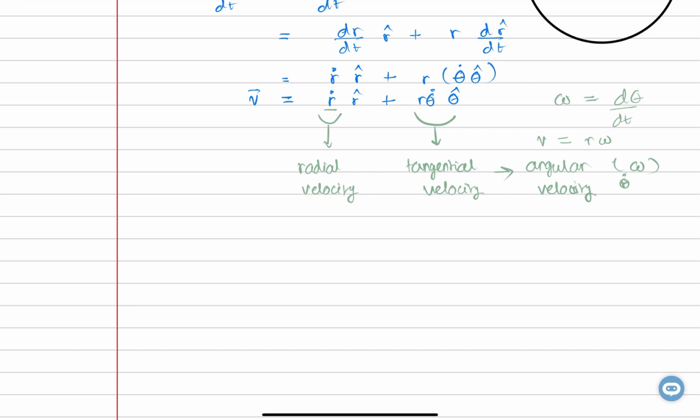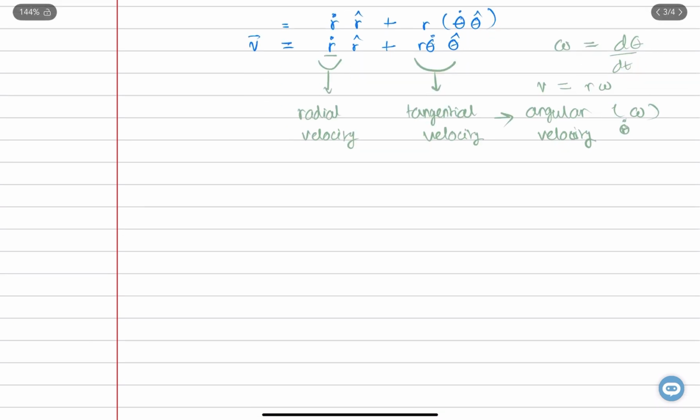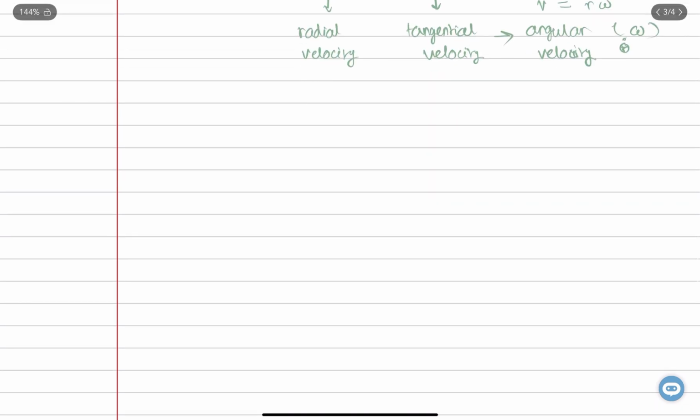Now, there are plenty of examples given in the textbook that I'll refer to, and I would advise you to study through those examples. But an important thing to keep in mind is the new definitions that we encounter here. I'll list them down. Theta is what we call angular position, right? Theta dot is what we call angular velocity, right?